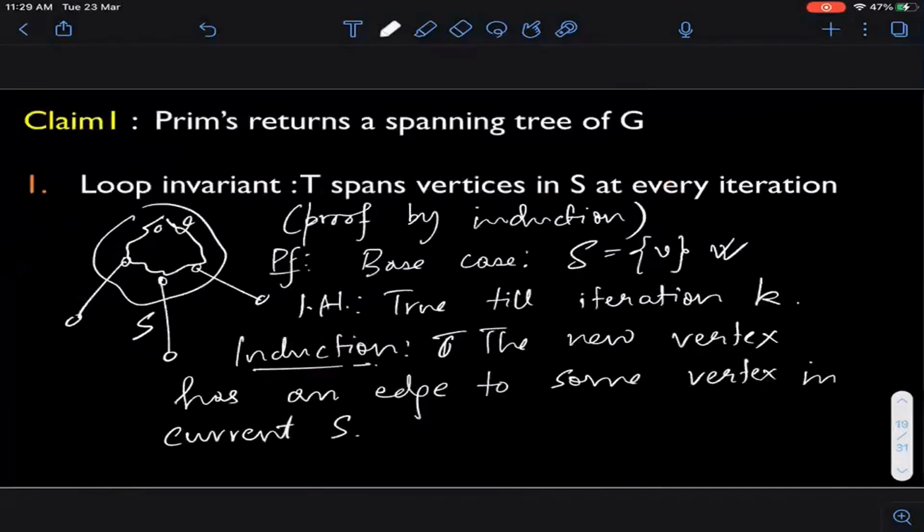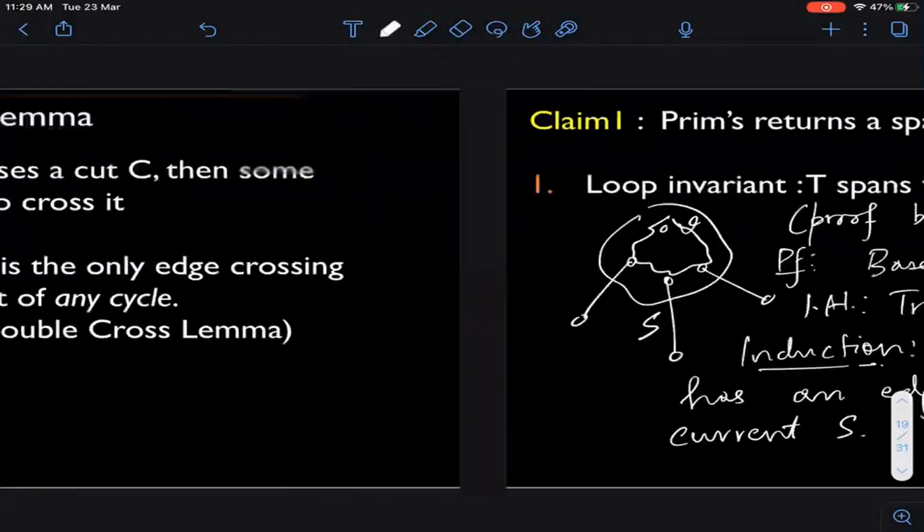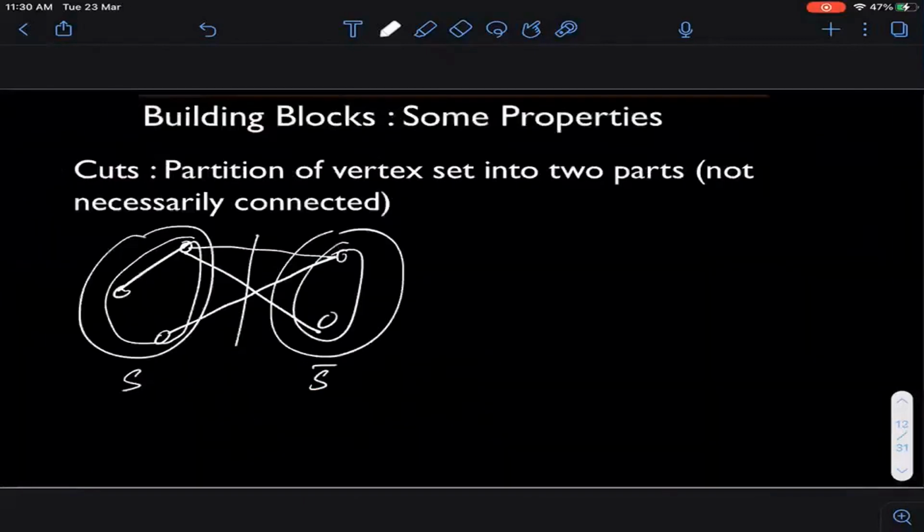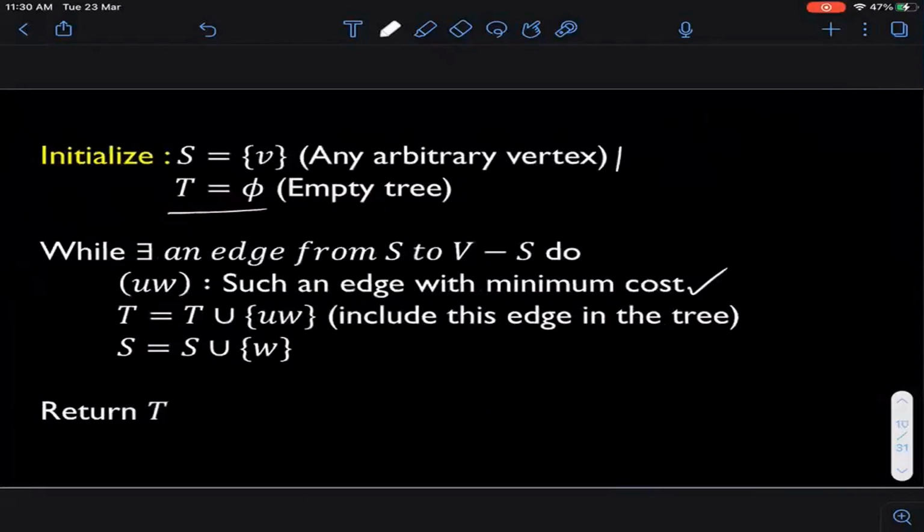The induction statement or the claim is that if I look at the current set of edges, which is T, remember, let's just go back to the pseudocode and recall it. What is your T? Your T just contains, at every iteration, you are adding one edge to your set of edges, right?